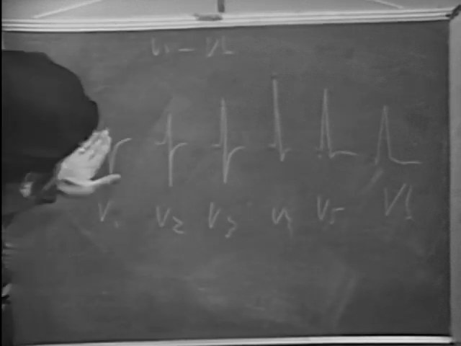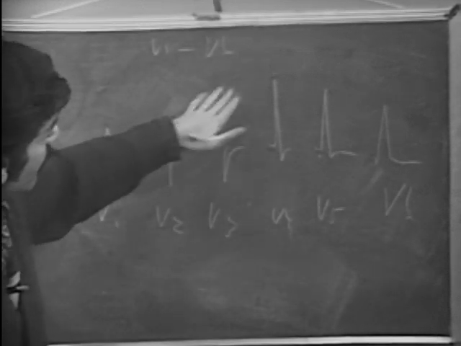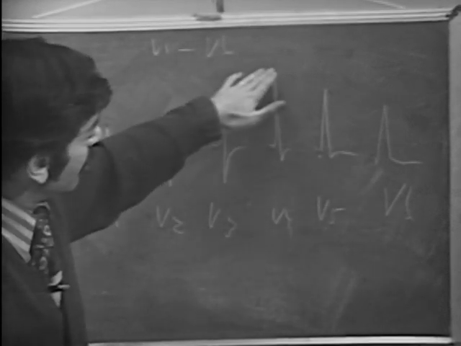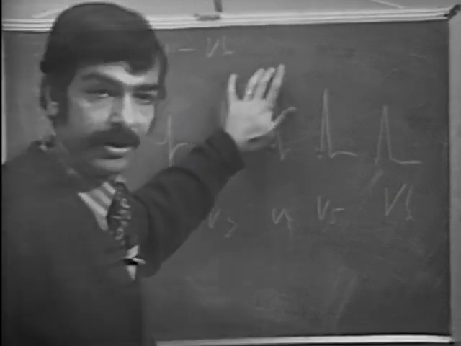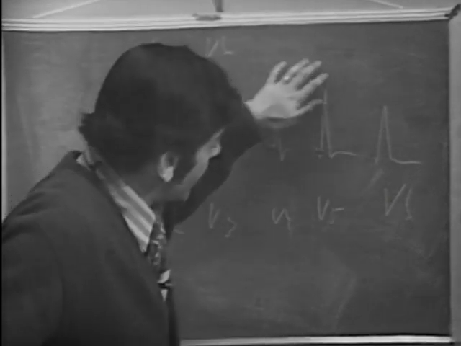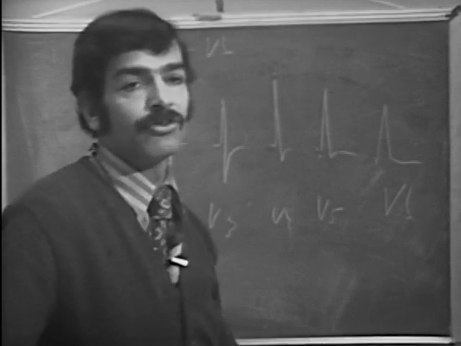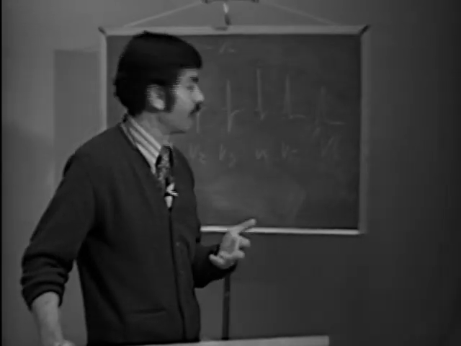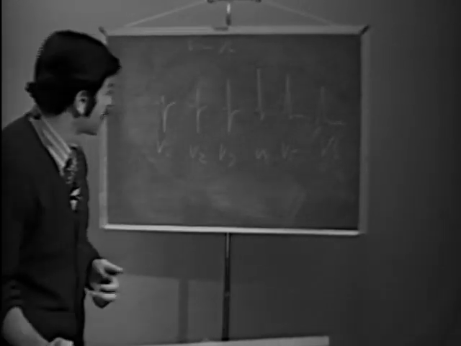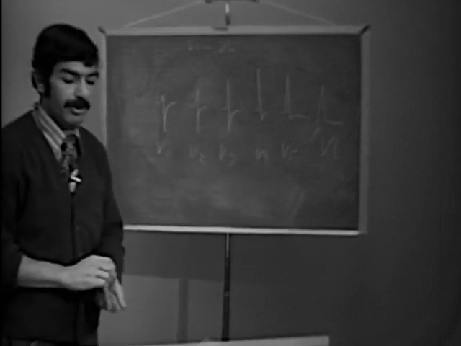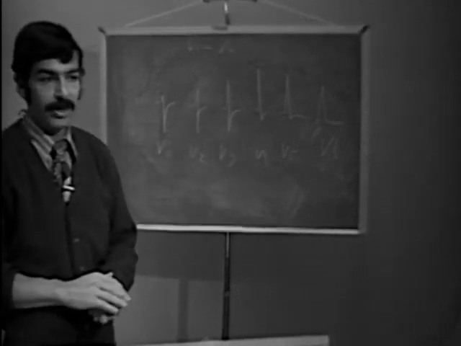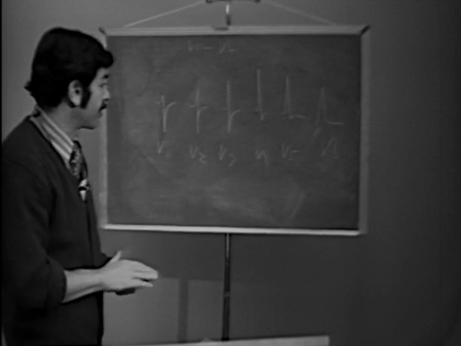There's a relatively smooth increase in the height of the R wave till you get around V4, and then there's a gradual decrease again. This is normal R wave progression. When there's an abnormality of the R wave progression, this has certain implications, particularly, as I said, myocardial infarction.